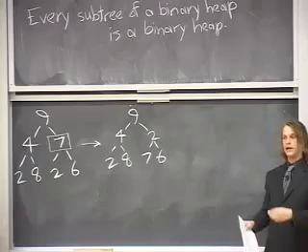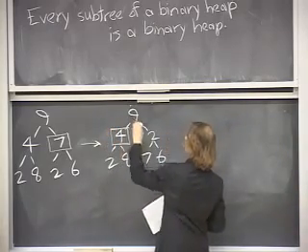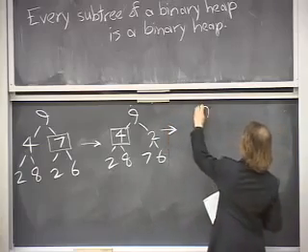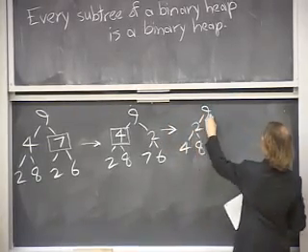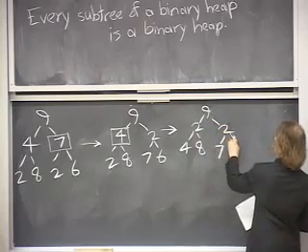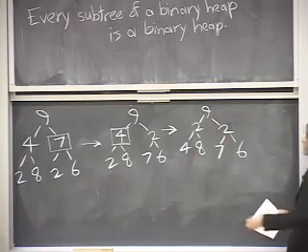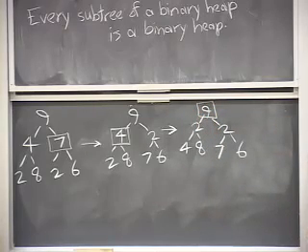Okay. Then I go back one step in the level numbering to this one, and I bubble that one down. And I go back another step in the level numbering. And finally, I'm at the root, and I bubble that one down.